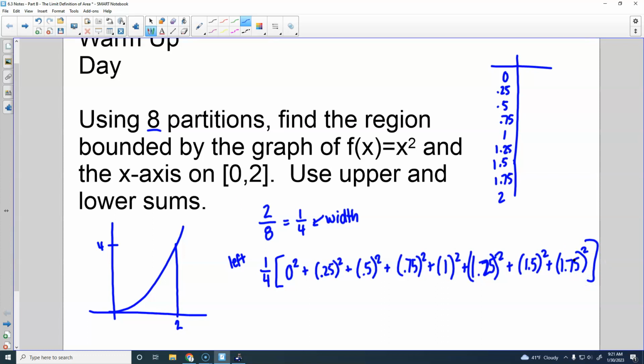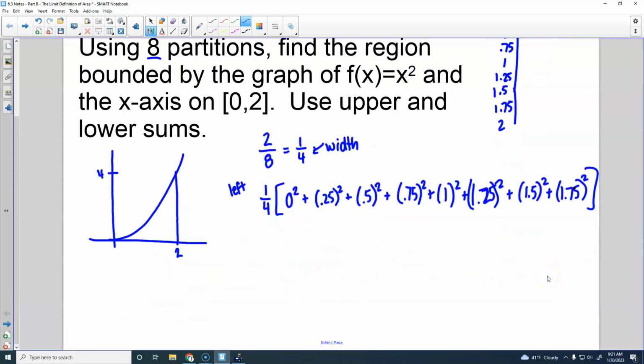All right, and so I've got 1, 2, 3, 4, 5, 6, 7, 8 different numbers. I used the ones on the left, so I left off that last one. All right, and you could type this into the calculator. It's going to give you your left Riemann sum here, and I don't even think we'll take the time to do that because this is just for setup.